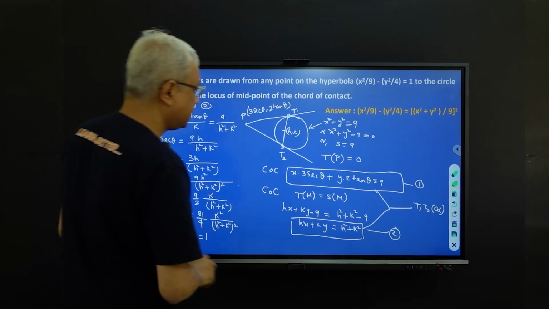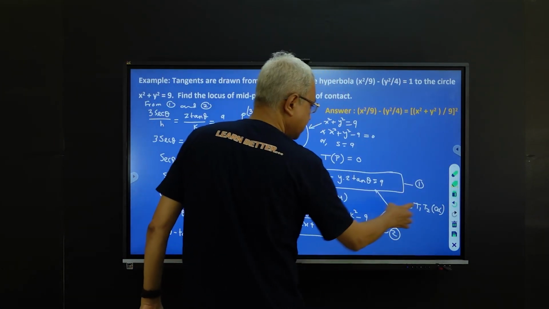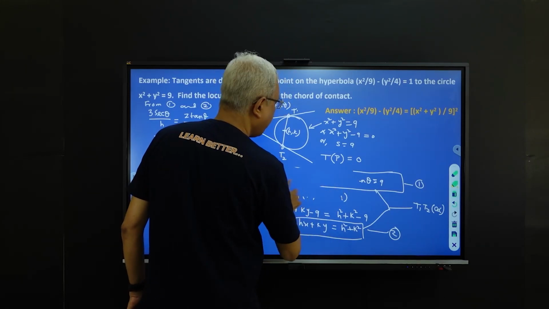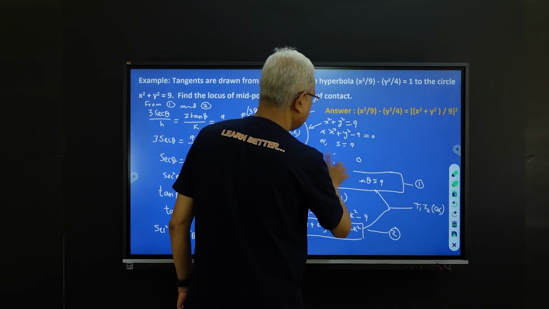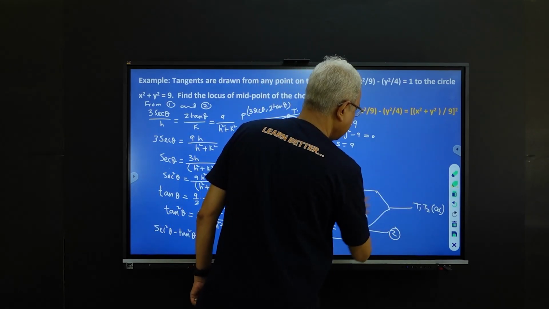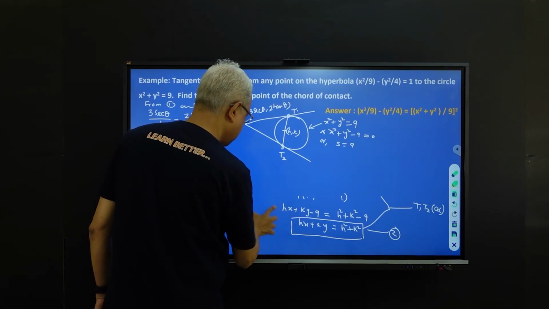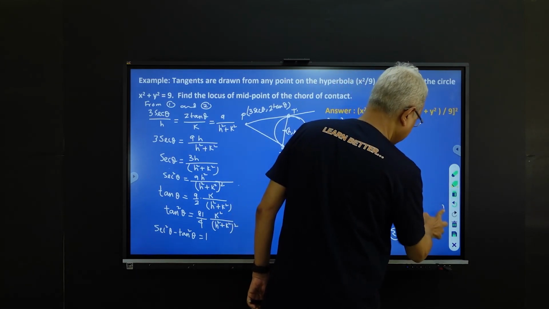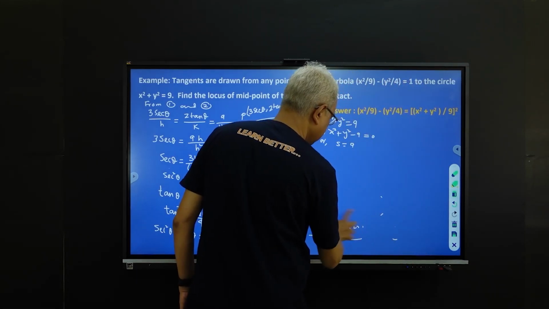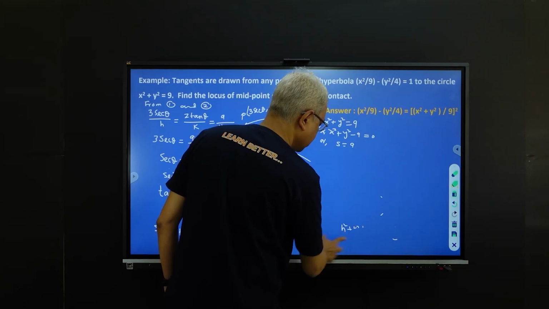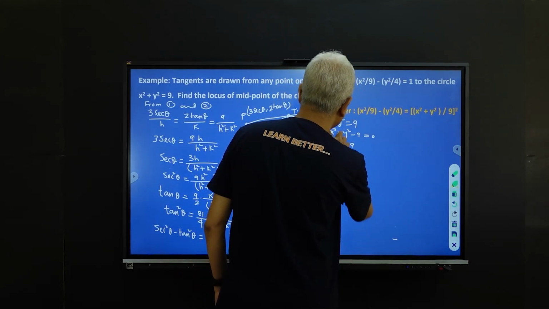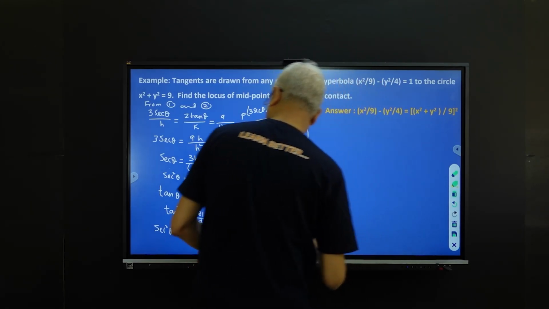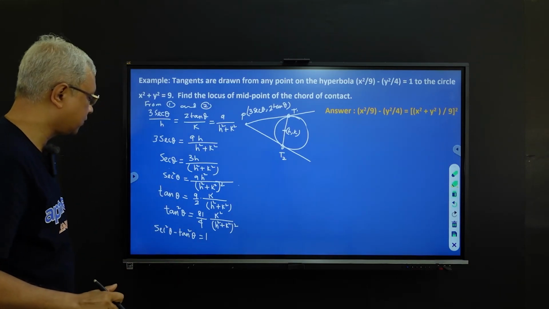Okay, so from this calculation I can write sec square theta minus tan square theta equal to 1.